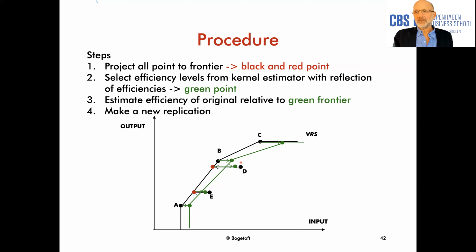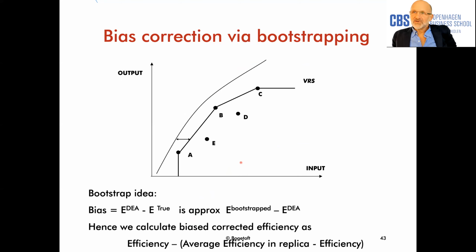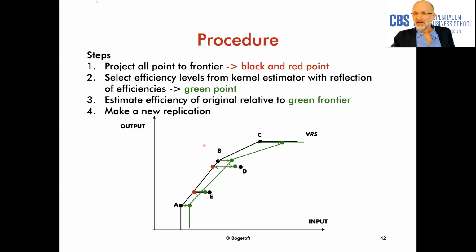Okay, and now the next trick is that you can figure out that there'll be inefficiencies in this. The one I showed before, there's going to be inefficiencies. So for example, this green point is inefficient, and this guy is inefficient. Okay, and it's inefficient relative to the green technology, but it's also inefficient relative to the black technology.